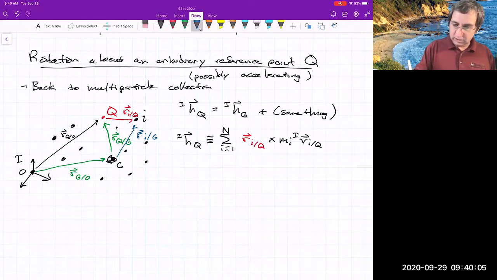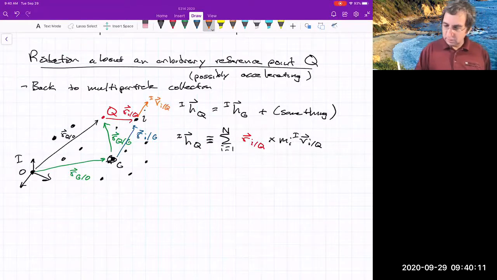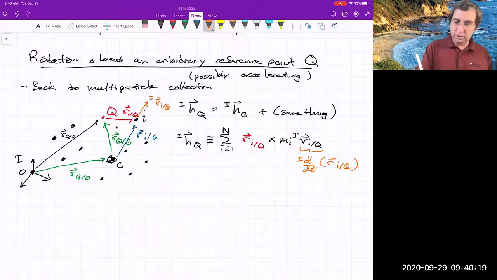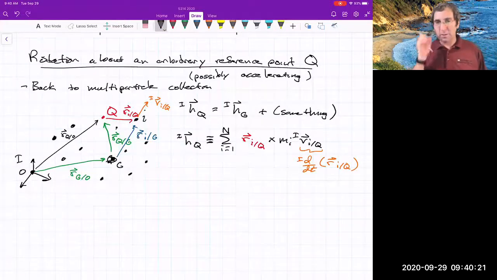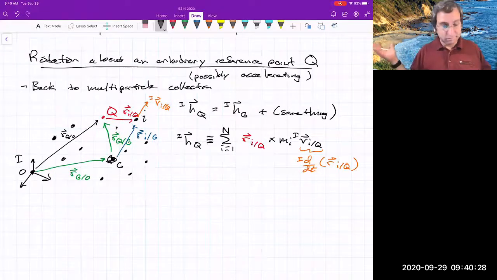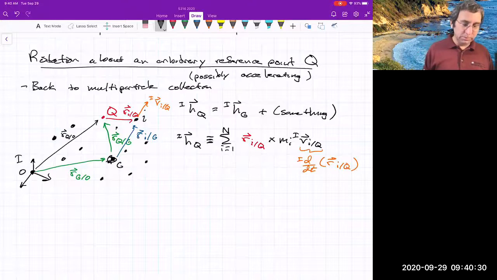This is the inertial velocity VIQ. What is this thing? This is the inertial derivative of RIQ. Okay, so it looks like we're just doing a sum over R cross linear momentum, or R cross MV, but with respect to the point Q.